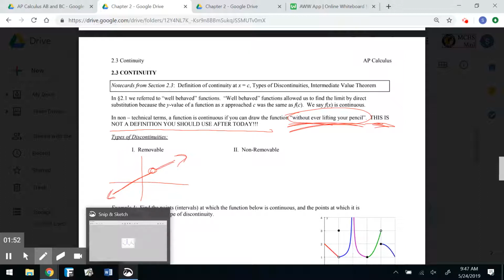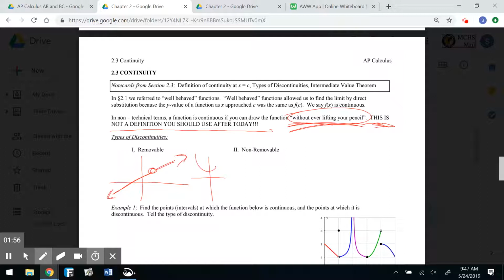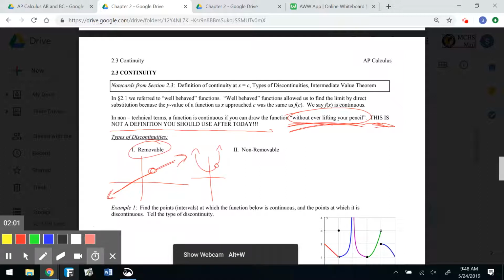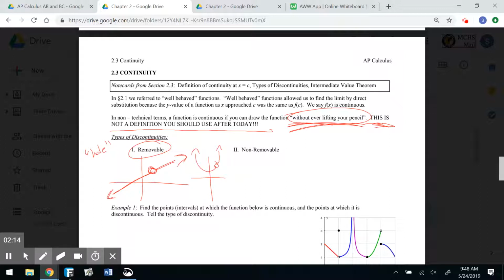Regardless, you could have a parabola, maybe there's a discontinuity right there. We call that removable, AKA a hole.